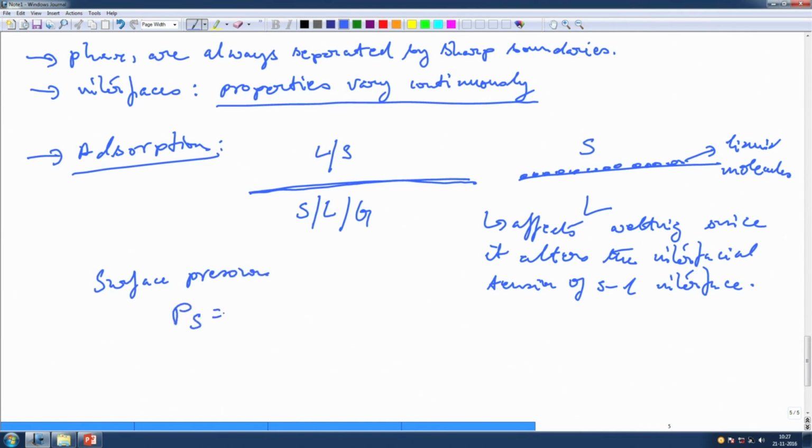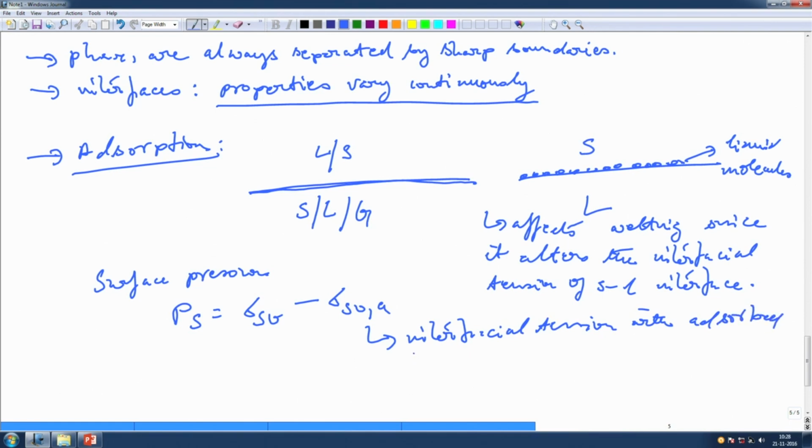This Pi_S will be nothing but sigma_SV minus sigma_SV adsorbed. It can happen between any two interfaces, by the way. This is the additional surface pressure: the surface tension minus the interfacial tension with the adsorbed surface present.